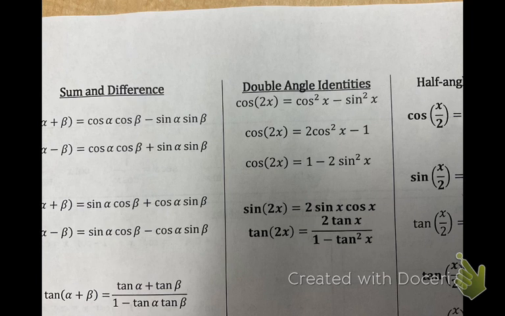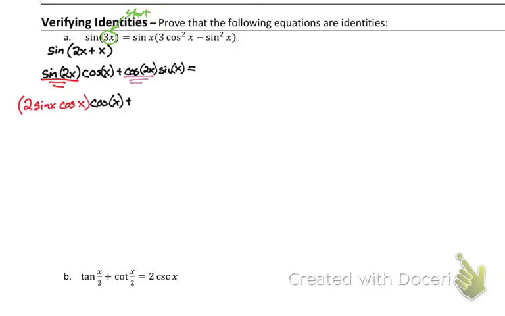We have 3 options. We can write it as cosine squared minus sine squared. I'm just looking at the sine squareds and cosine squareds. I could write it as 2 cosine squared minus 1, or I could write it as 1 minus 2 sine squared. Our job is really to look at the other side and see what I need to create. Do I need to create a lot of cosine squareds, a lot of sine squareds, or not a lot of them?